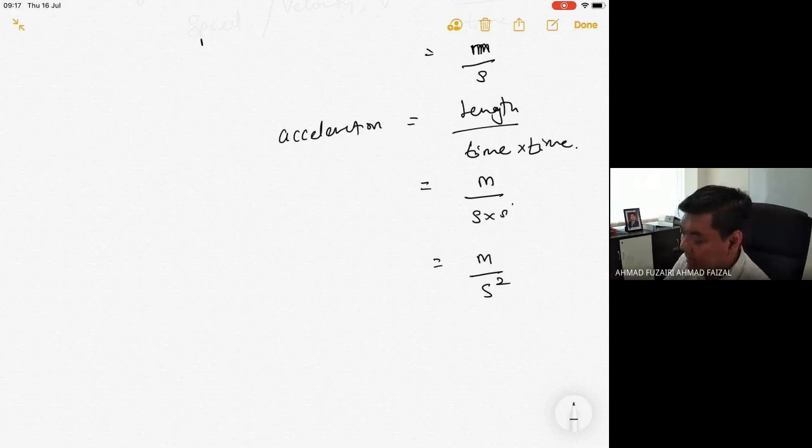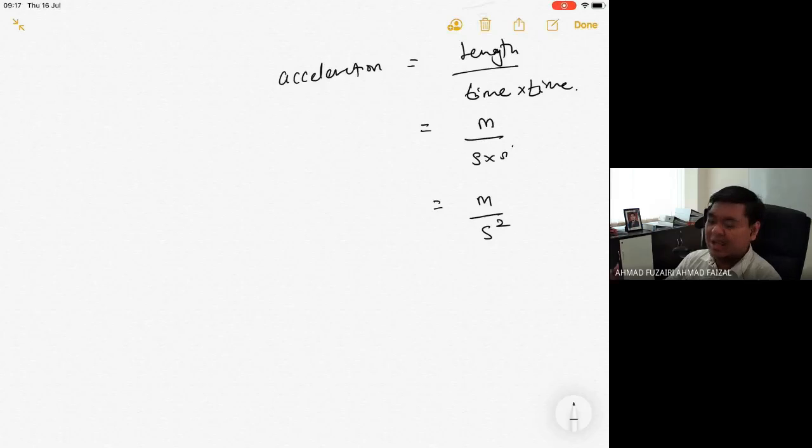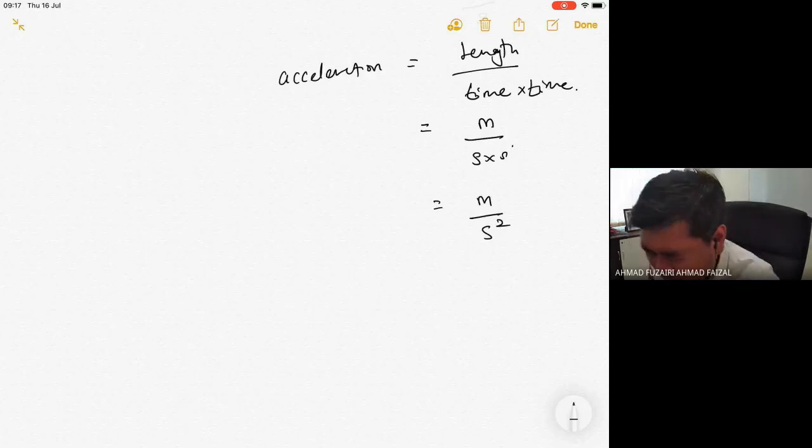So our job right now, tadi saya bagi tahu, is what are the functions of dimensional analysis. Adam said that you want to see the consistent. What does it mean by the consistent?